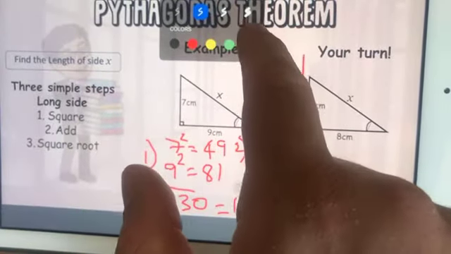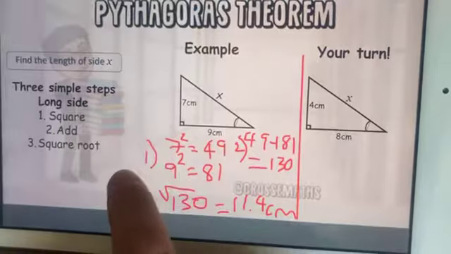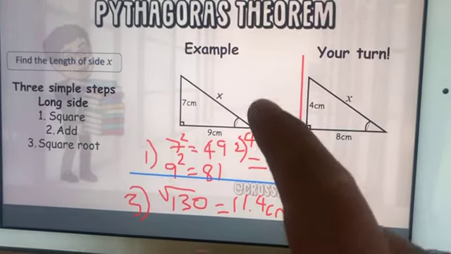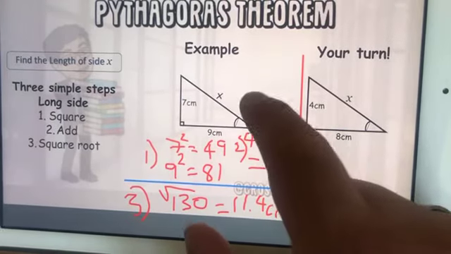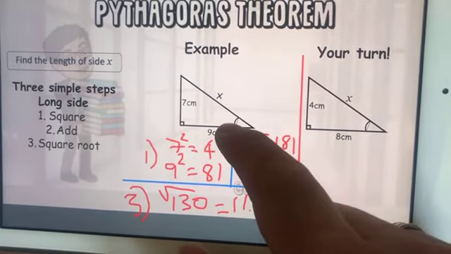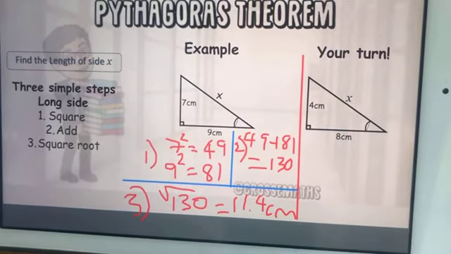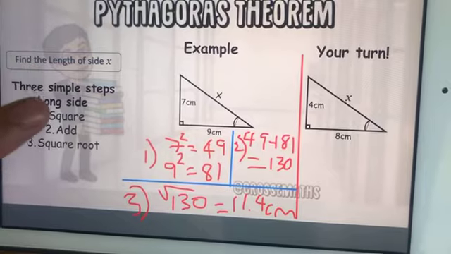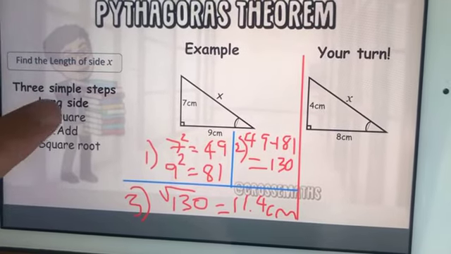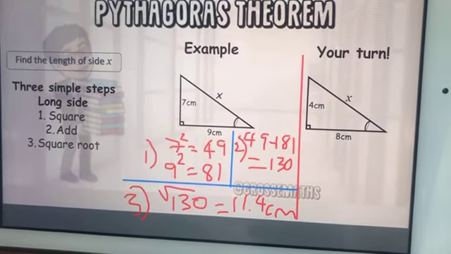Once you've got that written down, guys, have a go at the example over the other side for me, please. Make sure you write down these 3 steps as well. 3 simple steps. When you're looking for your long slanty side, square them both, add them together, and square root.